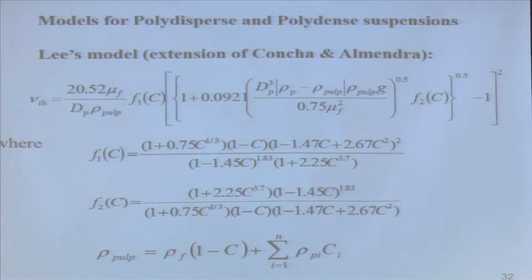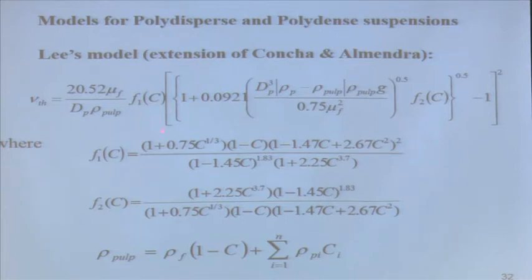Okay. Mu f is the viscosity of the fluid, there are two functions f1 and f2, and again C stands for the volumetric concentration. Here everywhere you have to use the volumetric concentration, because my viscosity and displacement are all functions of the volume of the particles, the volume occupied by the particles, not by the mass of the particles. Okay.